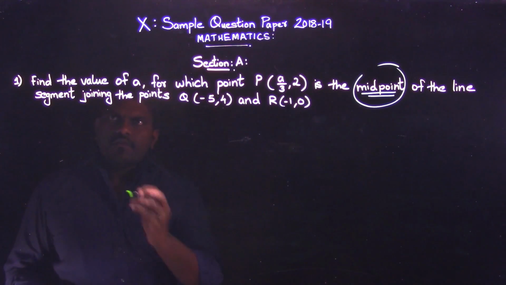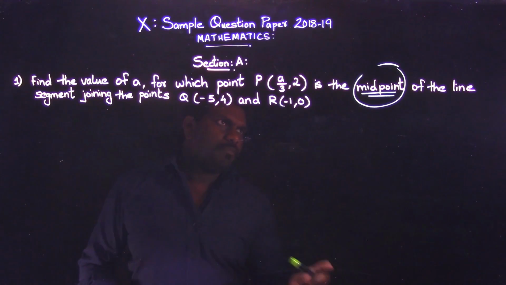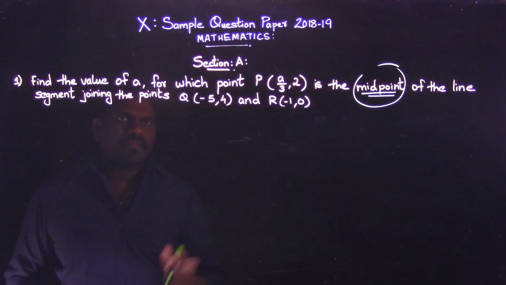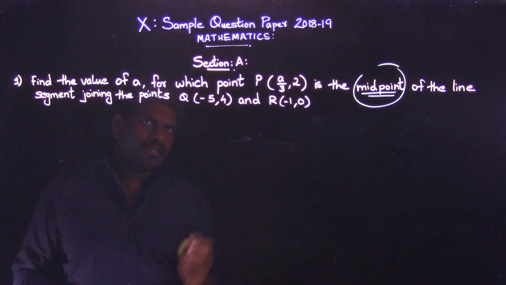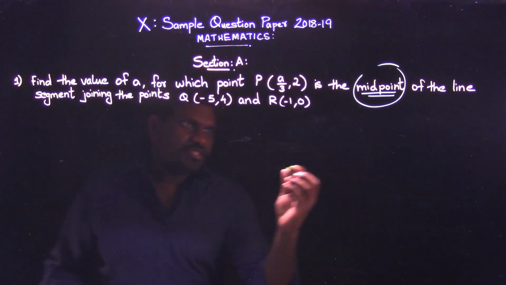First question. Find the value of a for which the point P, a by 3, 2 is the midpoint of the line segment joining the points Q minus 5, 4 and R minus 1, 0. Let me draw this diagram.